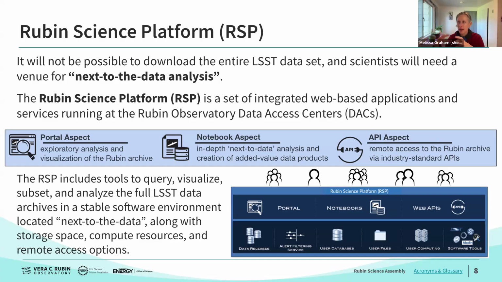The notebook aspect is for in-depth, next to the data analysis, programmatic analysis of the data, the creation of derived properties, that kind of thing. And then there's the API aspect that offers remote and authenticated access to the Rubin archive. So you do need to have a token in order to use third-party tools to access Rubin data remotely.